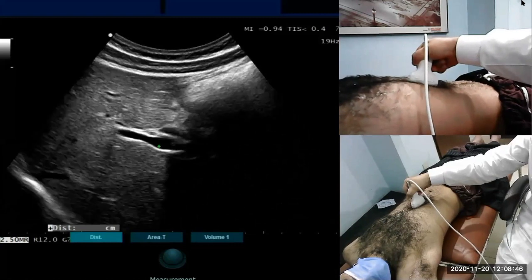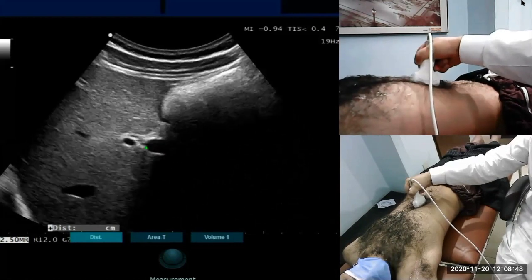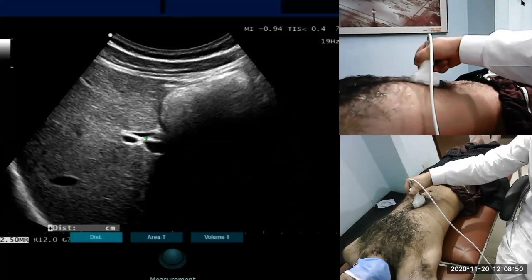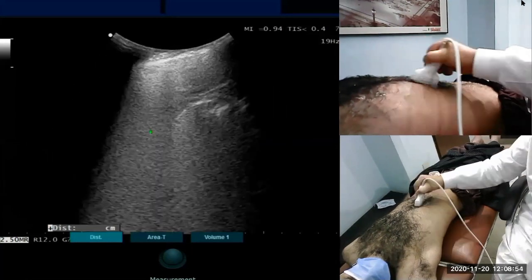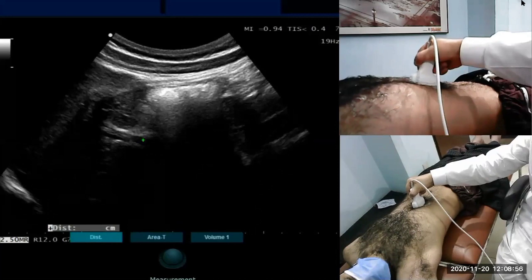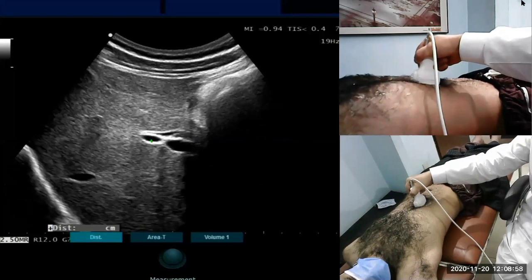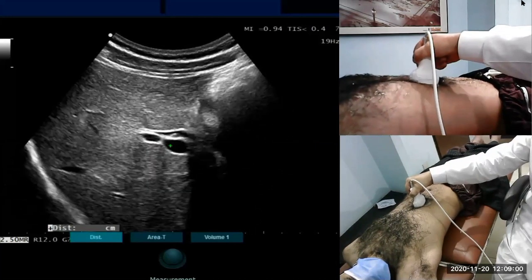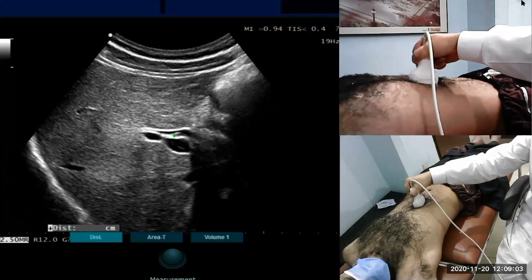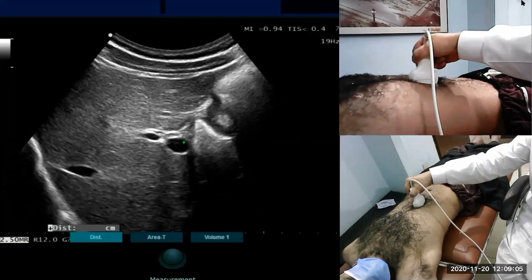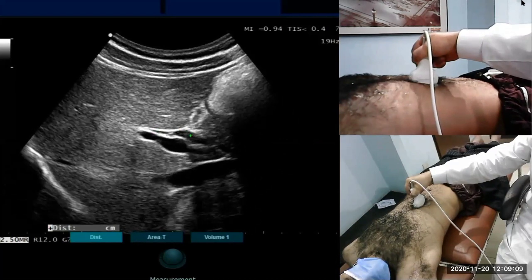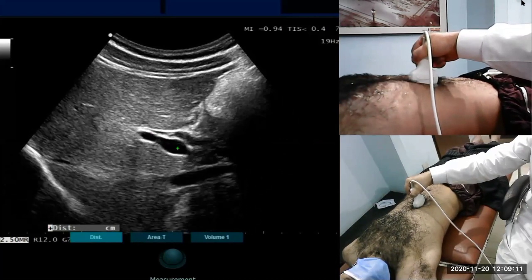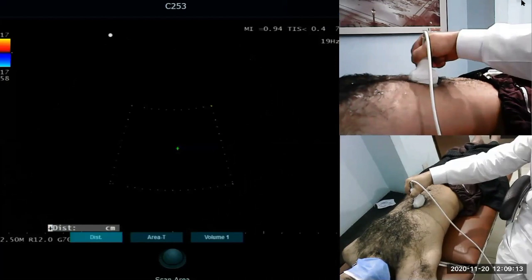I'm moving towards the right. I can see the portal vein and I can see the bile duct. There you see the portal vein, the bile duct, and the hepatic artery in between. There it is, the hepatic duct, the bile duct, the portal vein, the hepatic artery. Can always put color.